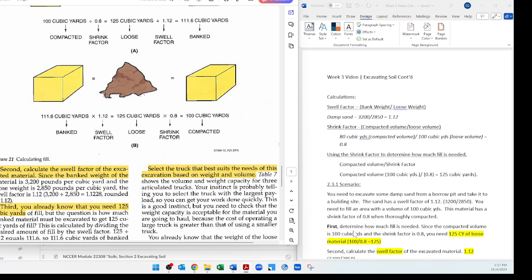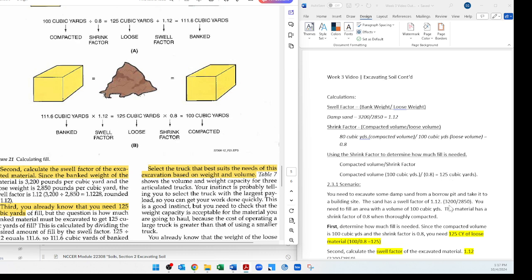So first, determine how much fill is needed. I think we did when we did this right here. We took the compacted volume and divided it by 0.8. And if you divide 100 cubic yards by the shrink factor, 0.8, you will get 125 cubic yards.